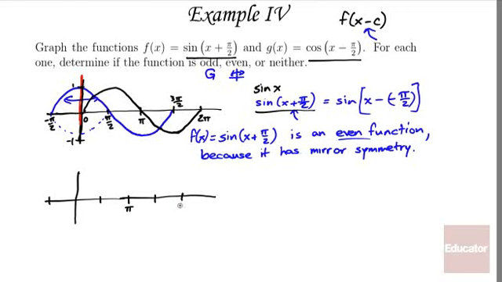There's pi, there's 2 pi, pi over 2, 3 pi over 2, 0, negative pi over 2. Now cosine, at 0 it's 1, then it comes down to 0 at pi over 2, bottoms out at negative 1 at pi, comes back to 0 at 3 pi over 2, and by 2 pi it's back up at 1.